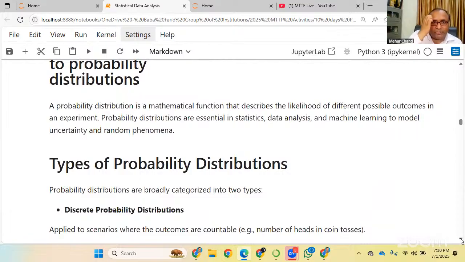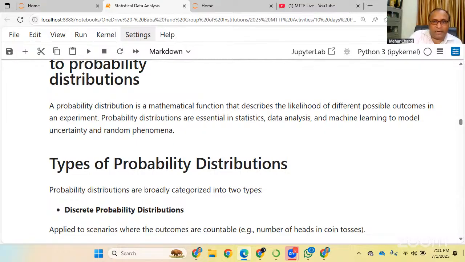A probability distribution is a mathematical function that describes the likelihood of different possible outcomes in an experiment. Probability distributions are essential in statistics, data analysis, and machine learning to model uncertainty and random phenomena. This is the basic idea of what a probability distribution is and what the types are.